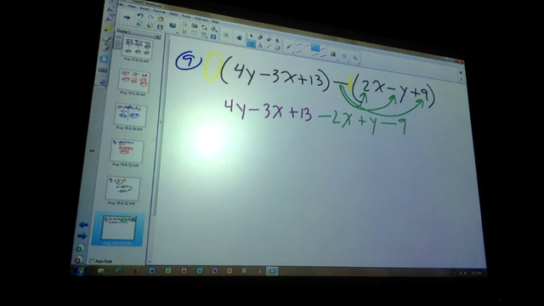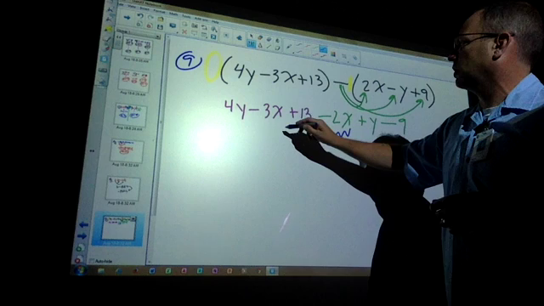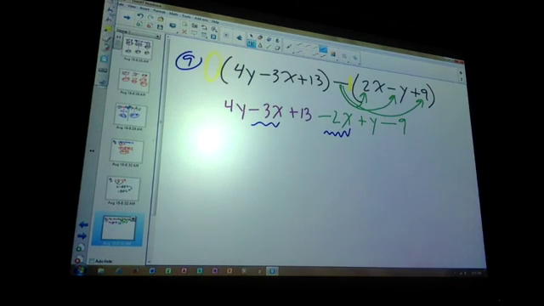Is that okay? Yep. Is the problem done? No. Am I solving it? No. What am I missing? Equal sign, so I'm not solving it, but I do need to combine any like terms. Okay, so I have x and I have -3x and -2x. If I combine that together, how many x's do I have? -3x and -2x. -5x.